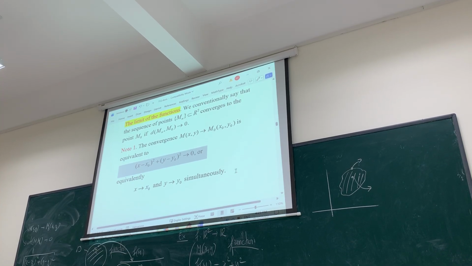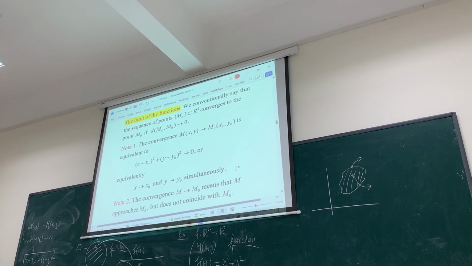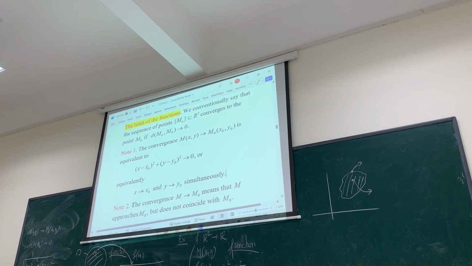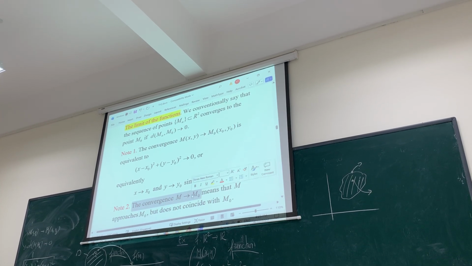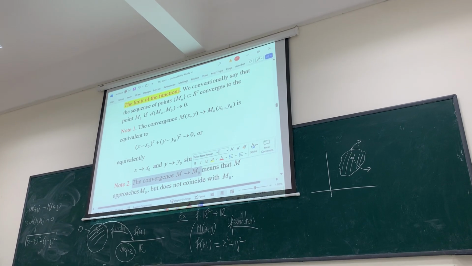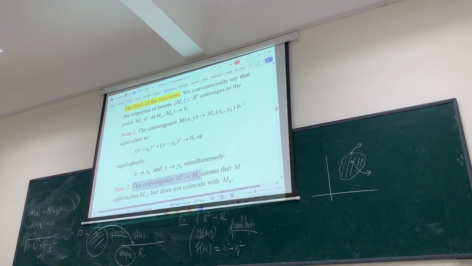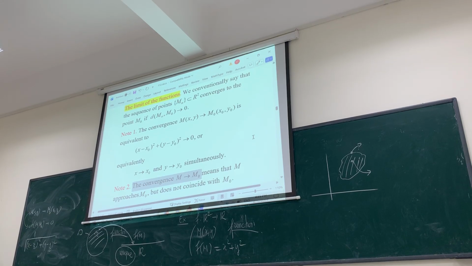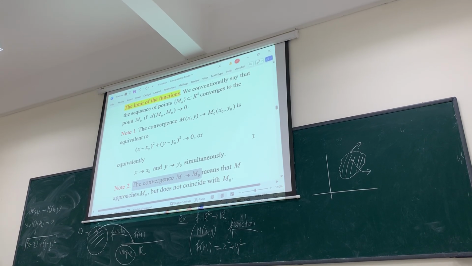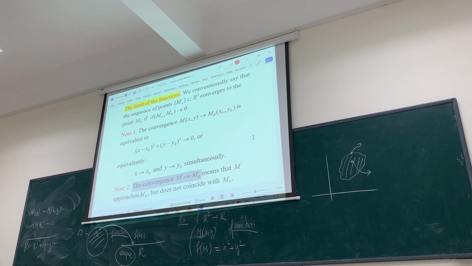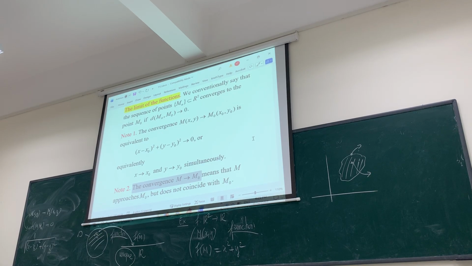Okay, the first note, and now the second note. Corresponding to the one-dimensional space, the point M tends to M0 means that M approaches M0 but never equals M0.